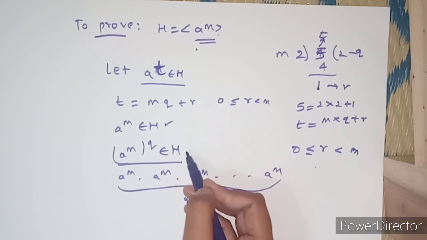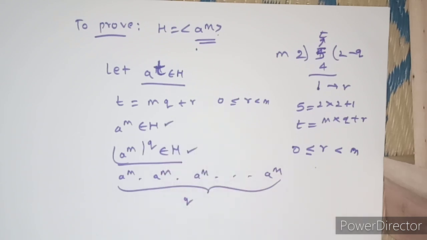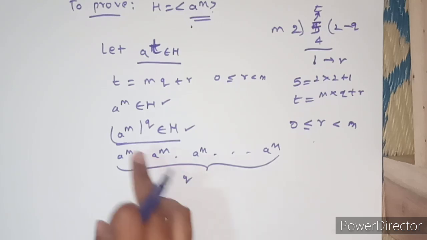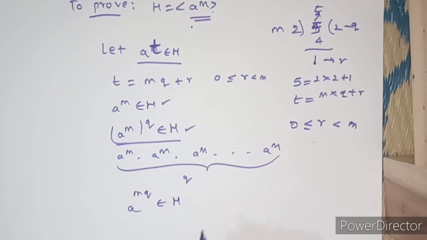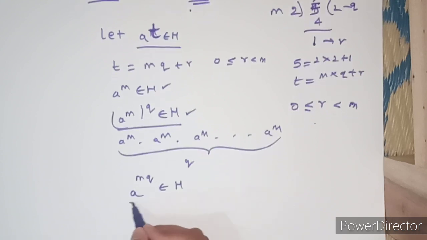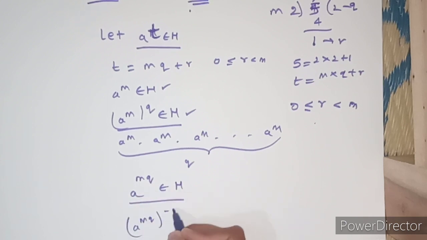H is a subgroup here, so the closure law holds. a^m, a^m, a^m, q times belongs to H. This can also be written as a^(mq), right? a^(mq) belongs to H. Here is the existence of inverse property. If a^(mq) belongs to H, then (a^(mq)) inverse also belongs to H, right?